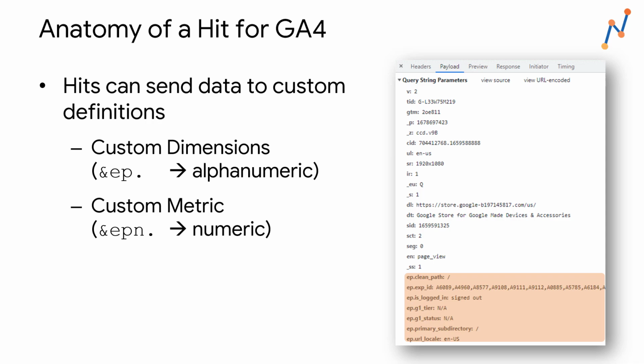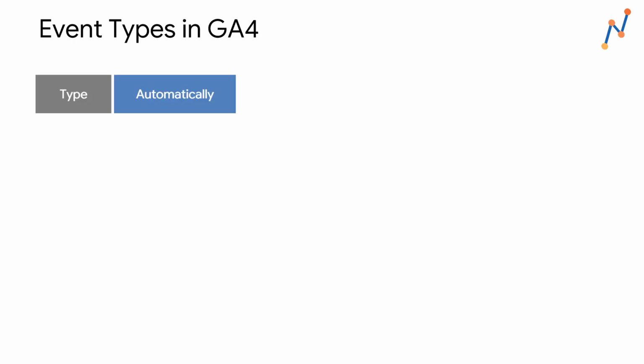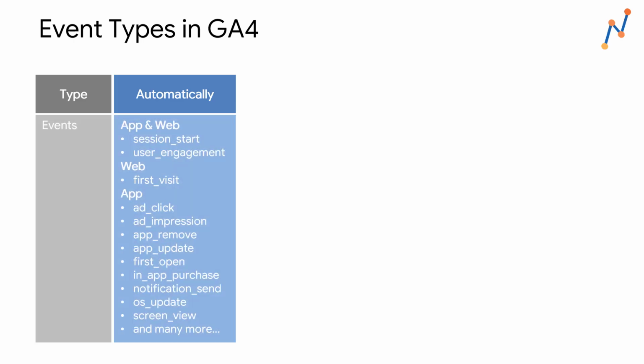Now let's have a look at the different event hit types available in GA4. So when you send an event hit to GA4, the following types are available, which will then populate corresponding metrics and dimensions. The first event type is automatically collected events and collects several events and data for app and web, web only, and app only.